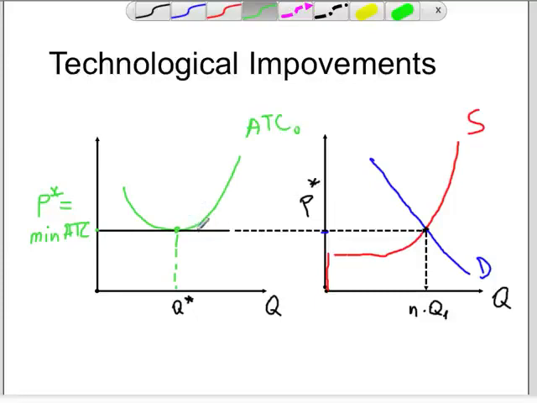Let's just show it here, and I think it's pretty straightforward, pretty intuitive. Average total cost 0 becomes average total cost 1.